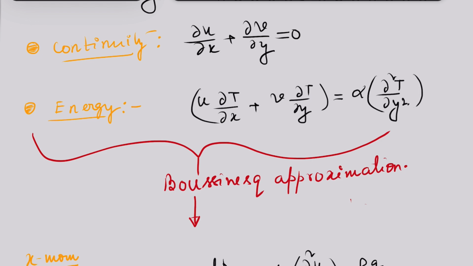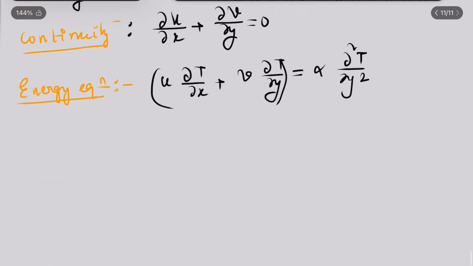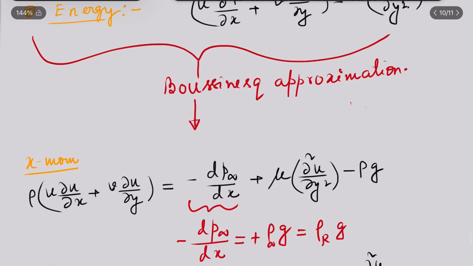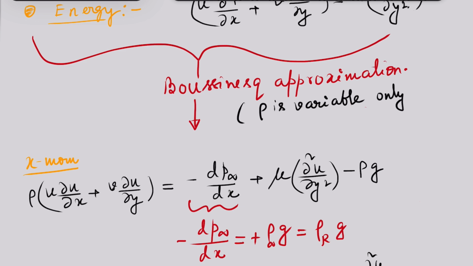Now, if someone asks you what the Boussinesq approximation is, you have to tell them that rho is variable only in the buoyancy term, or you can also say the body force term.